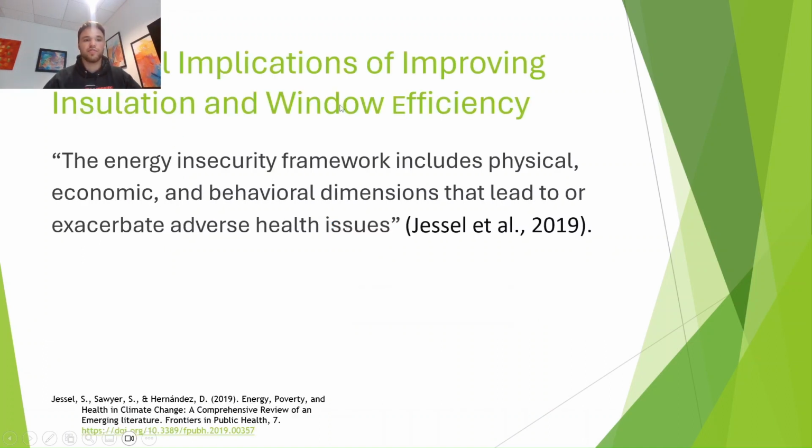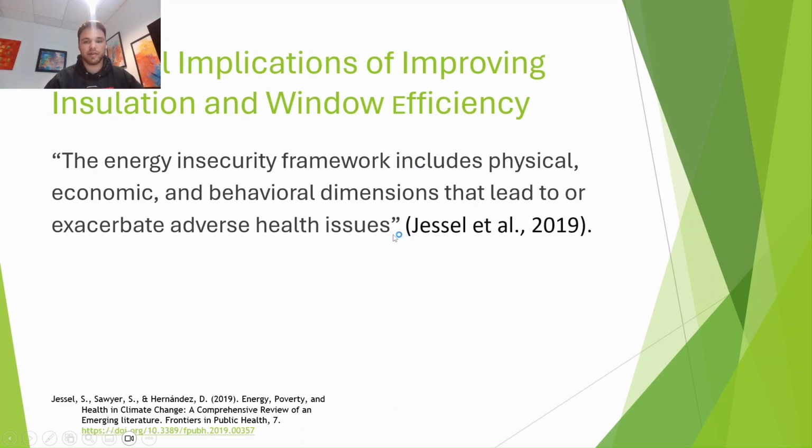Societal implications of improving insulation and window efficiency. The energy and security framework includes physical, economic, and behavioral dimensions that lead to or exacerbate health issues. This is another quote. This just helps further that health and well-being is very important when it comes down to having good energy sources or good insulation sources, and this furthers the double window paned idea that we need these or even just some other form of insulation so that people aren't wasting energy getting hotter or getting colder in the middle of freezing seasons or very hot seasons.